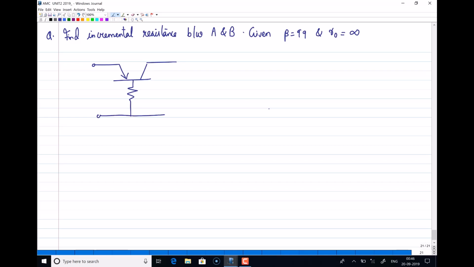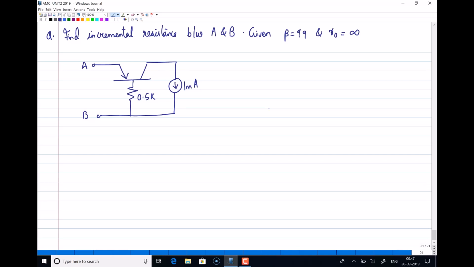This is given as 1 milliamp. This is 0.5 kilo ohms. This is A and this is B. We have to find the incremental resistance, that is, the small signal resistance seen between A and B. If you look at the equivalent circuit, we'll use the RE model because this is a common base configuration. In the equivalent circuit, this is actually a current source.